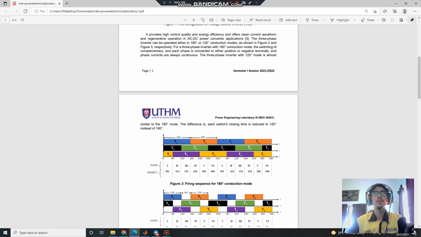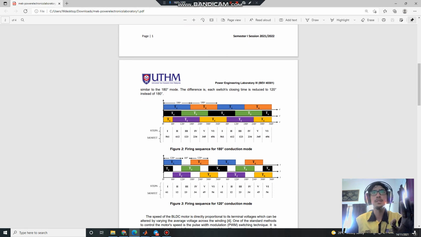We construct the steps from T1 until T6, which are 0, 60, 120, 180, 240 until 300 degrees.